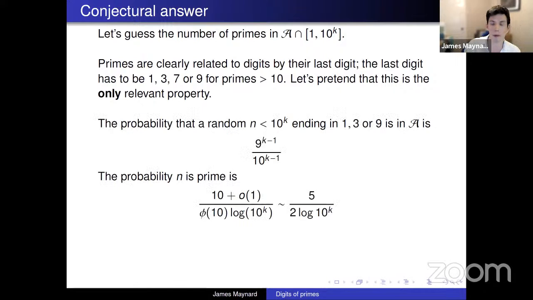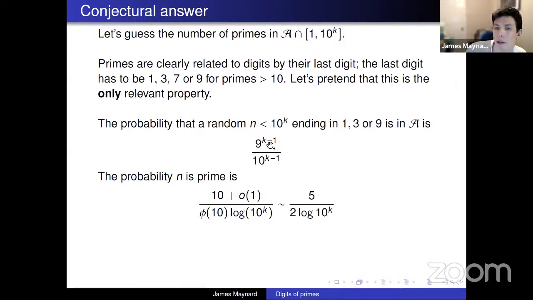So what I want to imagine is I'm going to choose a random integer with k digits in base 10, such that it ends in 1, 3, or 9. So I can calculate the probability that a random such integer lies in A. We've fixed the final digit to not be a 7, and then I just need to make sure that the first k-1 digits all avoid a 7.